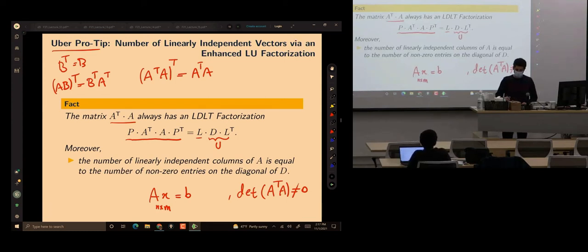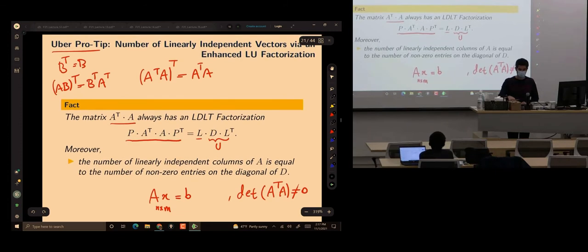So the Uber protip was to check whether the columns of A are linearly independent and which of them are linearly dependent if there is a 0 on the diagonal of D. As you can see, this is a lot to take in. This was the result of a lot of lectures. I can freely put it on one slide here, but we spent hours and hours to reach this point.